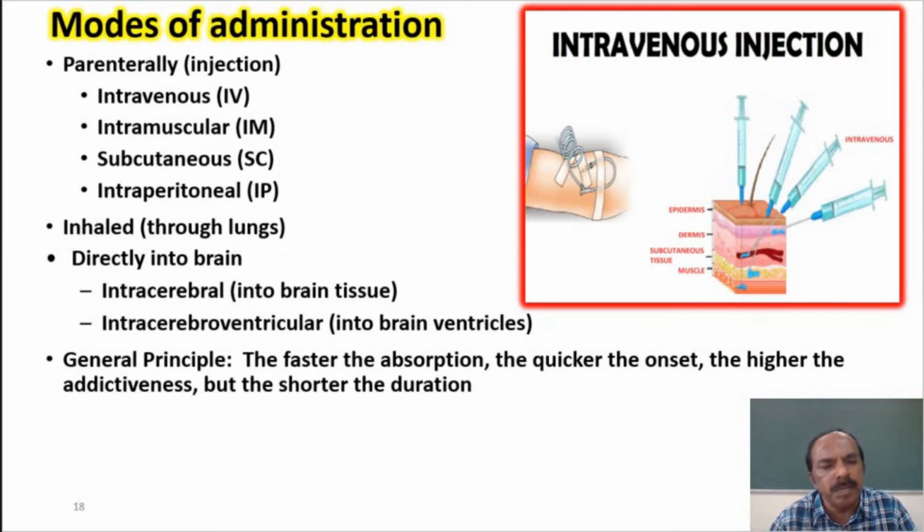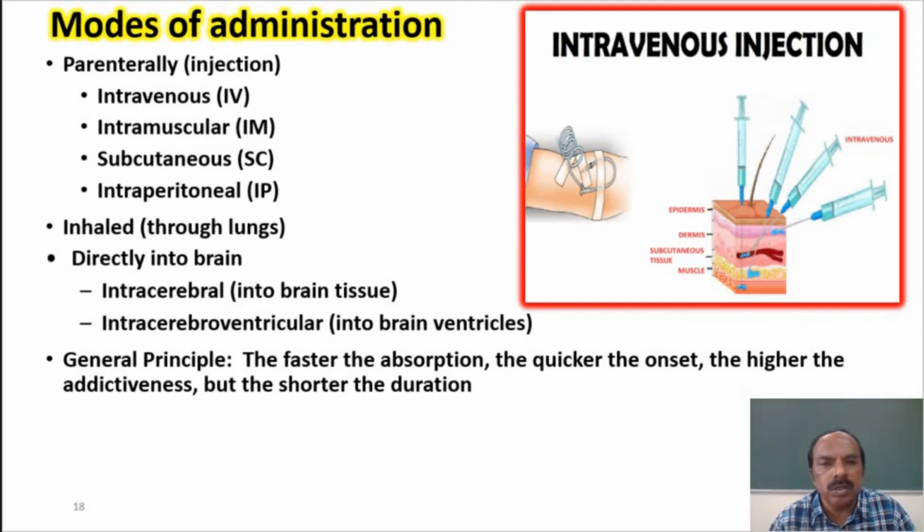Or drugs may be inhaled through lungs, or drugs may be directly released into the brain. It's called intracerebral and intracerebroventricular. So the general principle of administration of drug is: faster the absorption, quicker the onset, higher the effectiveness, but the shorter the duration.